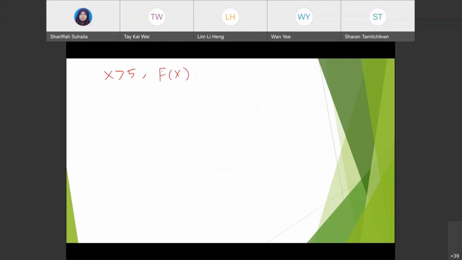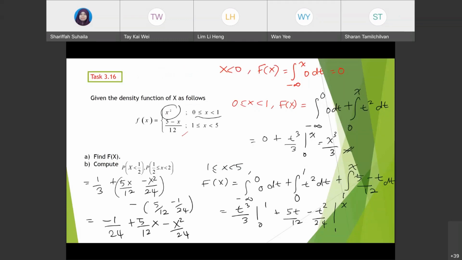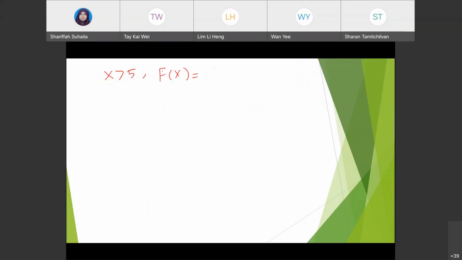So that means we will have minus infinity to 0, plus 0 up to 1, t squared dt, plus 1 up to 5, (5 minus t) over 12 dt, and then the last one, plus 5 up to x, 0 dt.